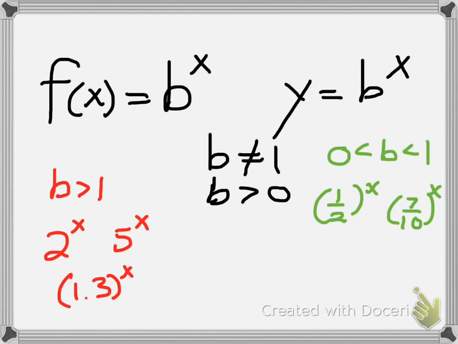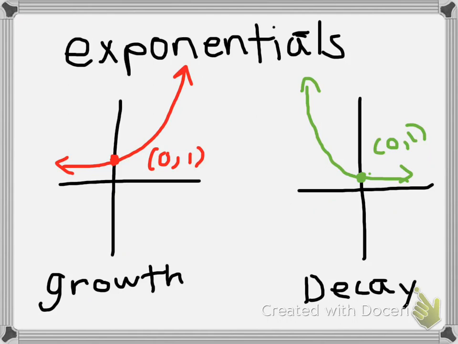Now what that also means is we have another point that we can plot on our graphs. Either way, whatever the base is, if I have the point at the x value of 1, we'll just say right here, let's try that again.